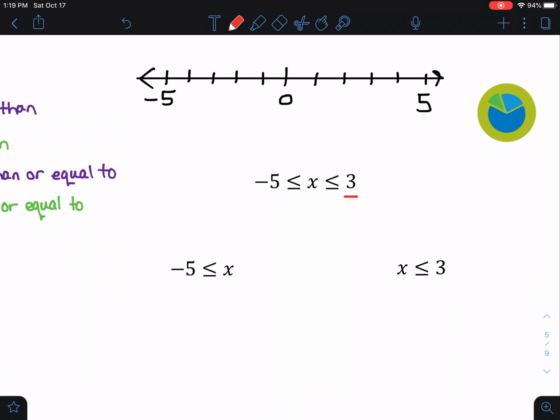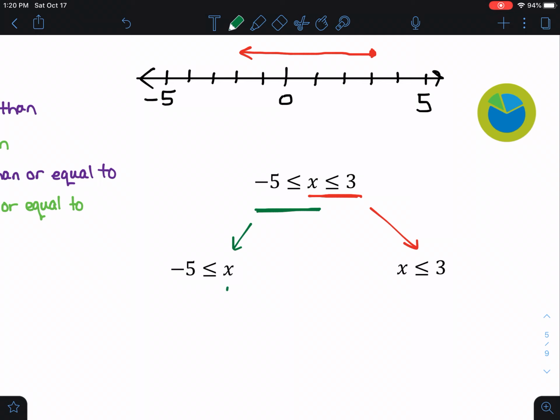And you'll notice it's got this part right here, and that is x is less than or equal to 3. So if we think about that up here, x is less than or equal to 3, that would be, here's 3, all the numbers less than or equal to that. Okay, so now this other side is this part right here. Now we usually don't write inequalities this way.